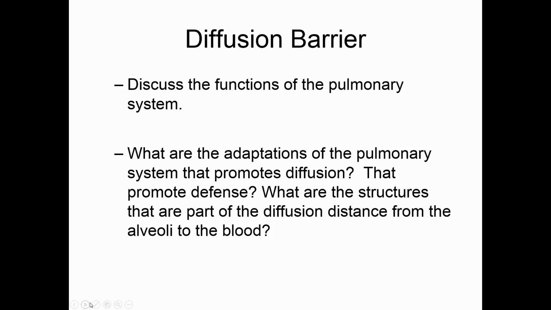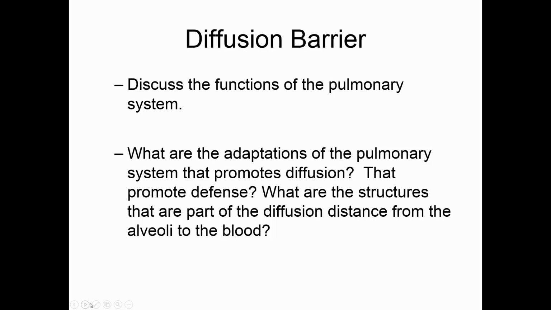So we'll start with some learning objectives about the diffusion barrier. We're basically going to talk about the basic structure and function of the pulmonary system and talk about the adaptations of the pulmonary system that promote diffusion. The lungs are a wonderful product of evolution in mammals, with tremendous surface area and a very thin barrier for wonderful diffusion.